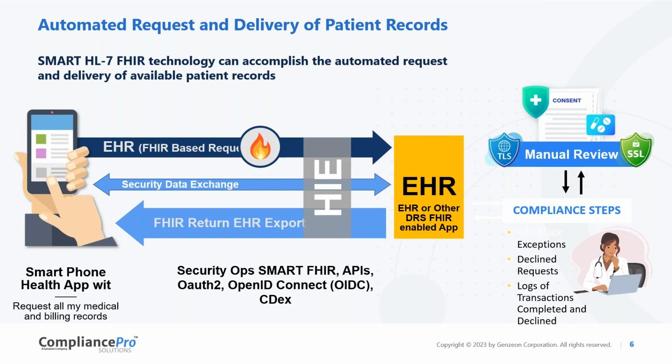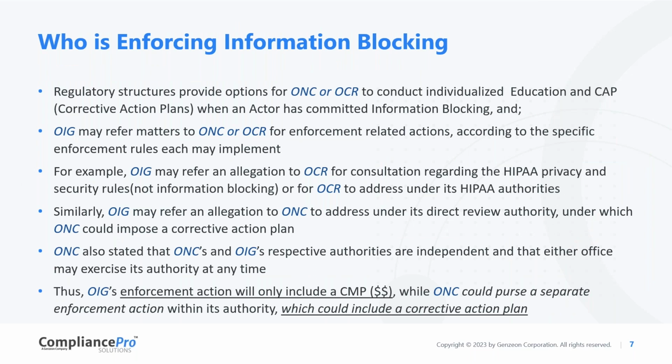And again, I'm certainly happy to individually talk you through this stuff another time. Who's enforcing information blocking? Well, it could be ONC or OCR doing individualized education on the rules, creating corrective action plans if there's been information blocking.